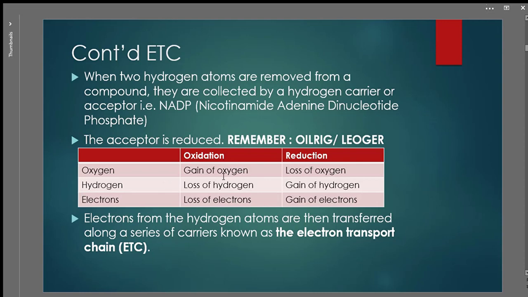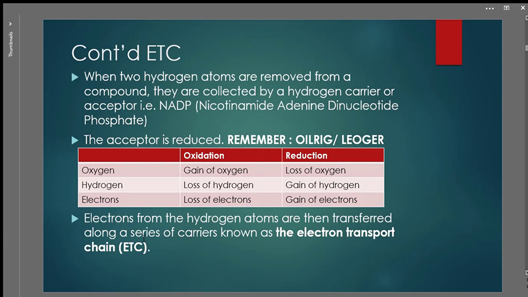If you look at this, you realize that hydrogen and electrons, when it comes to oxidation, both deal with the loss, which is different from oxygen, which deals with the gain, from your chemistry. On this part, when we talk about reduction, we have the loss of oxygen. But when we talk of hydrogen and electrons, a substance undergoes reduction when it gains the hydrogen and the electrons.